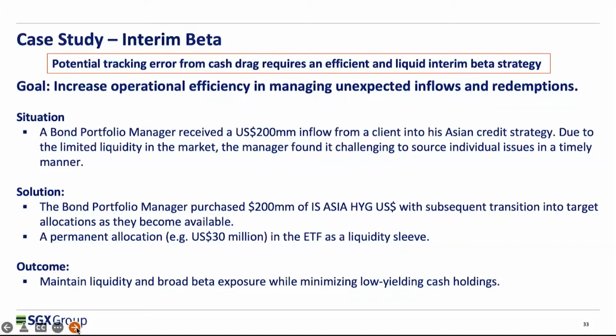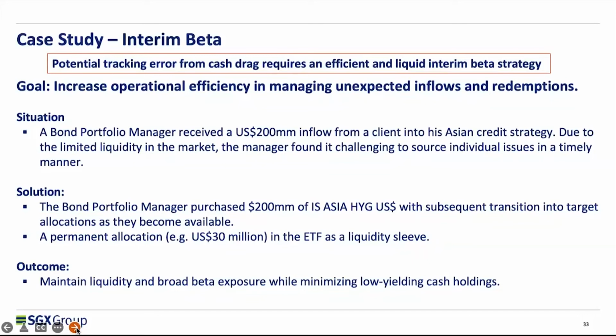But in order to straight away implement this 200 million, which is a decent amount in the institutional space, the challenge is buying it straight away. And it takes time to source the individual issues.